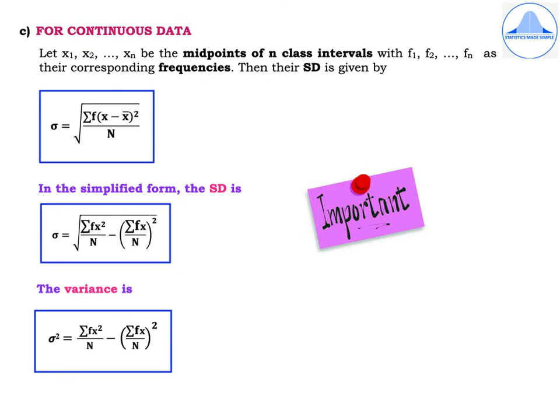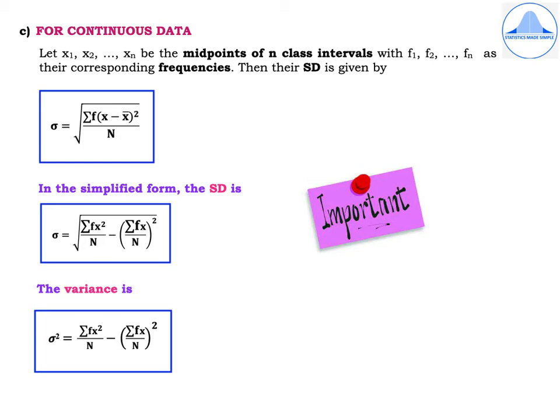The formula of the standard deviation and the variance for discrete and continuous data are the same. There's only a slight change in the explanation. So for continuous data, let x1, x2, so on xn be the midpoints of n class intervals, with f1, f2, so on fn as their corresponding frequencies.